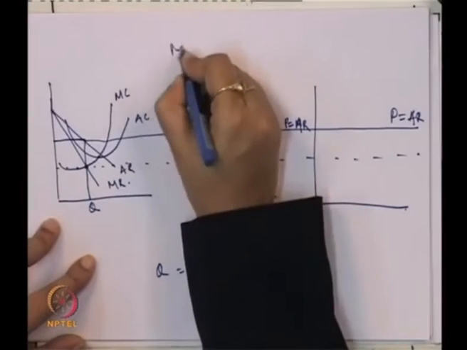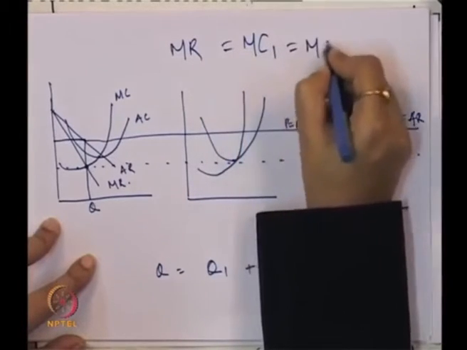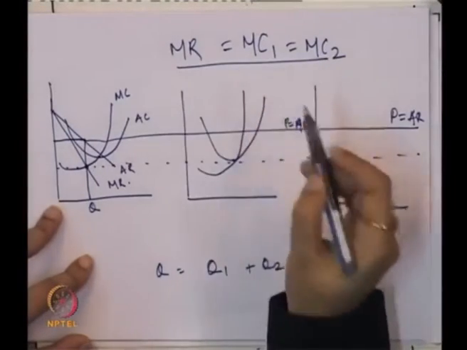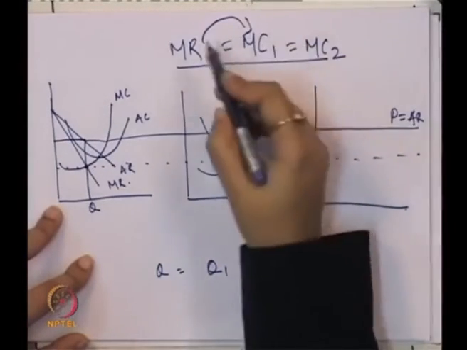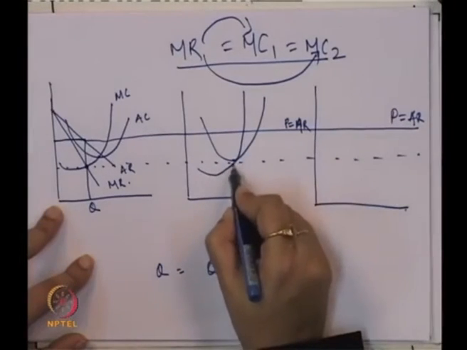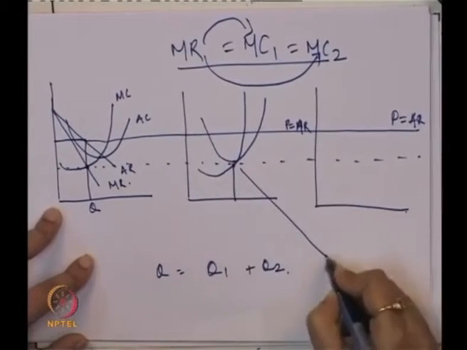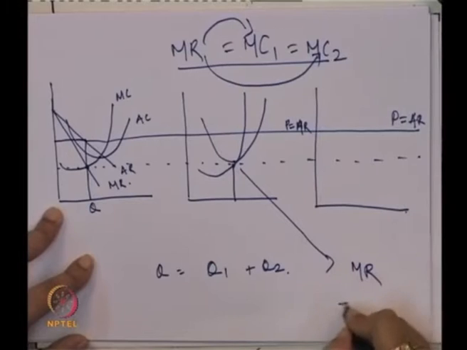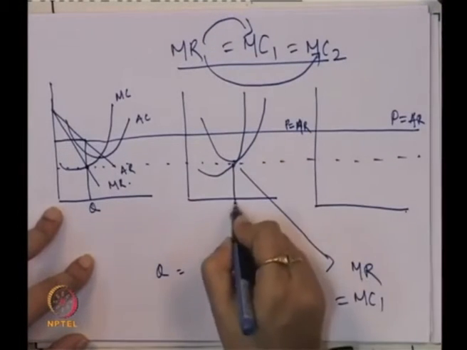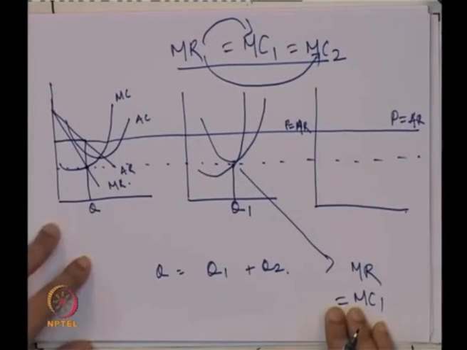Since we have only one marginal revenue, but two levels of cost of production, we will equalize MR with MC1 and we will equalize MR with MC2. Corresponding to this we get a point here, which gives us marginal revenue equal to marginal cost 1, and corresponding to this is the output level that has to be produced by plant 1.